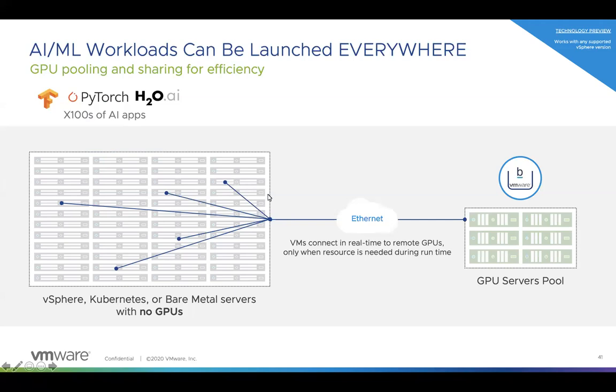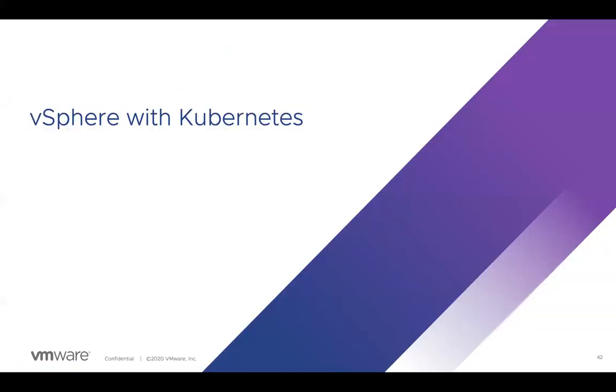That means the remote GPU server pool can help you run your AI/ML workloads directly from your ESXi server. This is a new capability we are providing as part of the 7.4 release, which will ensure that the GPU-specific resources are optimally utilized.